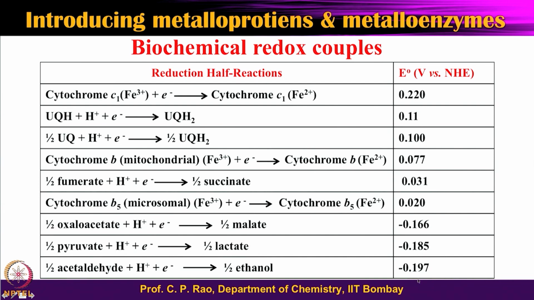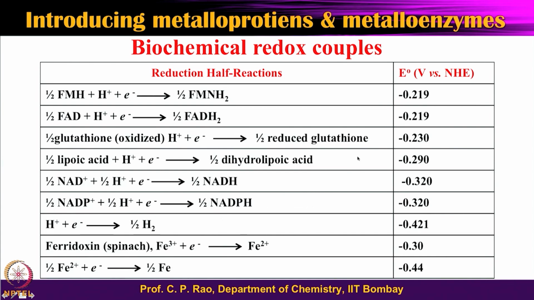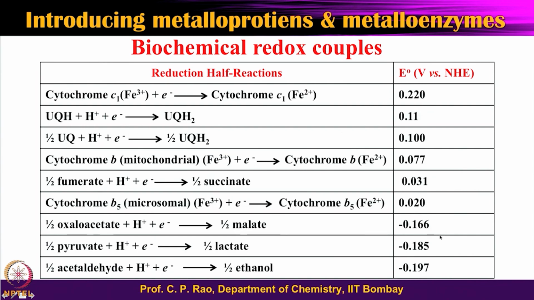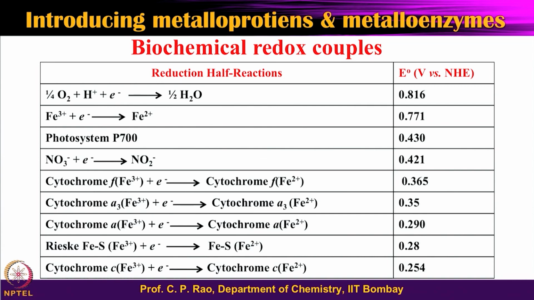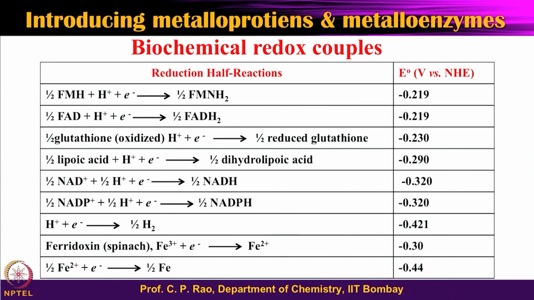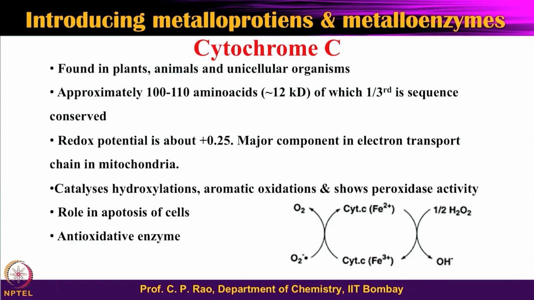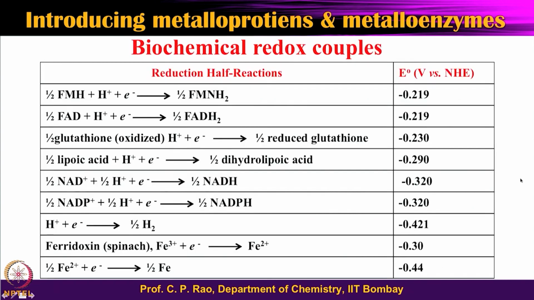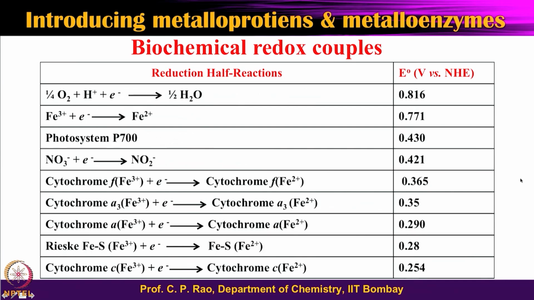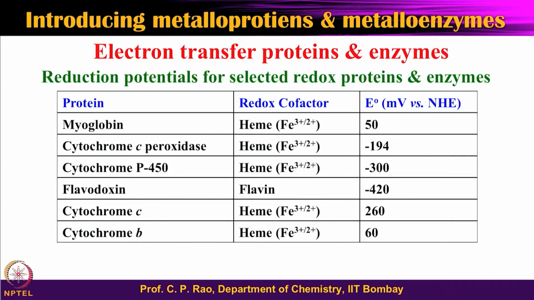There are many reactions which require negative potentials, minus 0.16, minus 0.18, minus 0.19, minus 0.2, minus 0.3. Now you have seen a range of potentials going from plus 0.8 to about minus 0.4 or so. You have so many different potential ranges, and you have seen the potentials for these proteins are also from minus 400 to plus 400, even more.